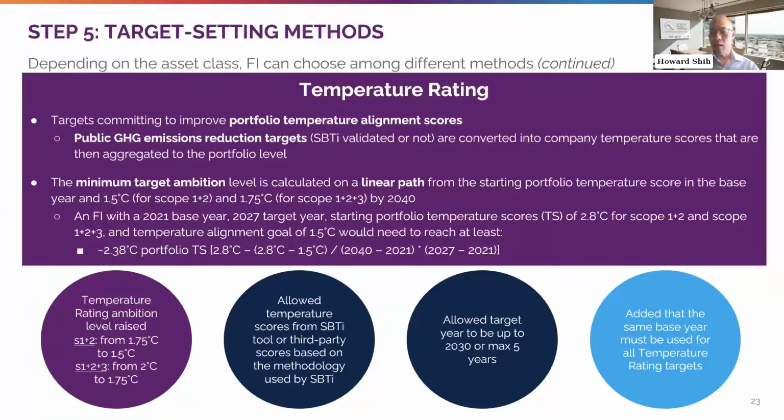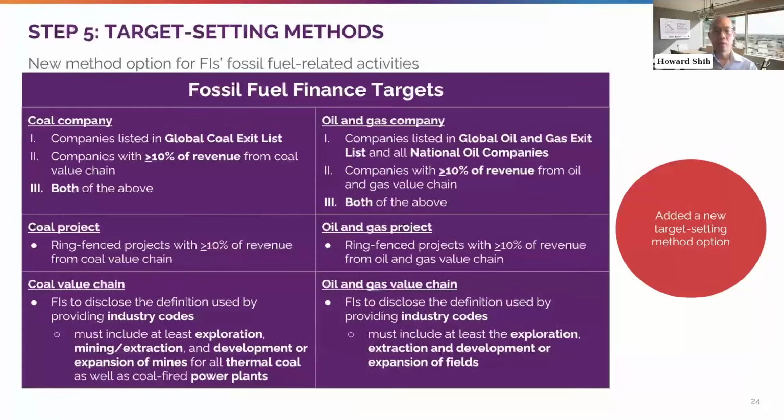Thanks, Nate. So maybe we will move on to the fourth target setting option. So here in Fint v2, we've added a new option called the fossil fuel finance targets method. And this is to help address FI's fossil fuel related activities.